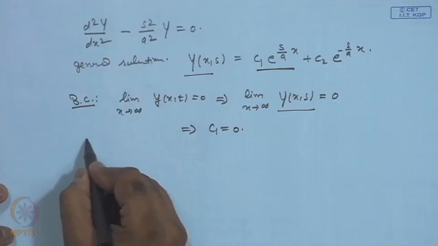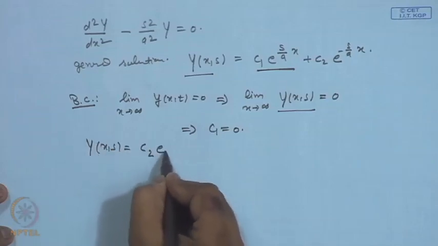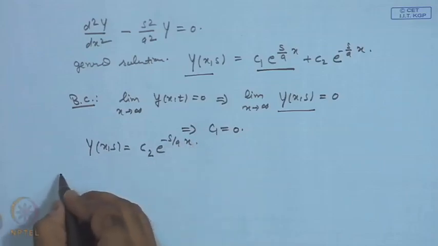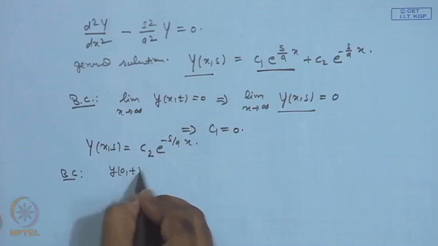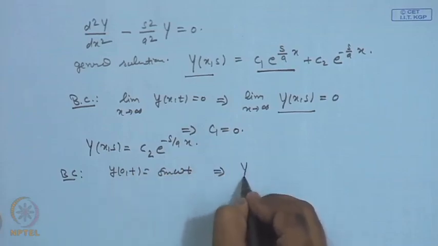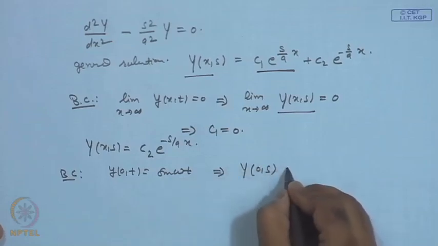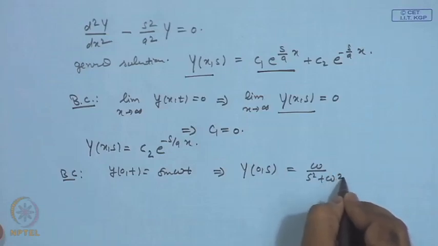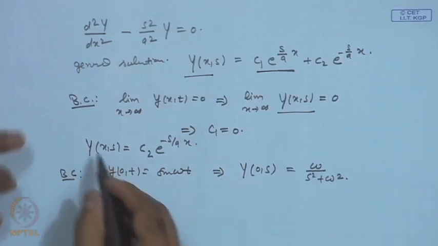So then our solution is, with the other constant, e^(-s/a x), and then we can apply the second boundary condition, which was y(0,t) as sin omega t. If we take the Laplace transform here, we will get y(0,s) is omega over s square plus omega square, and then we apply this to the equation.